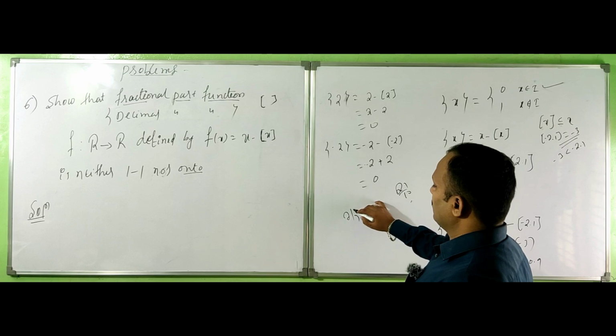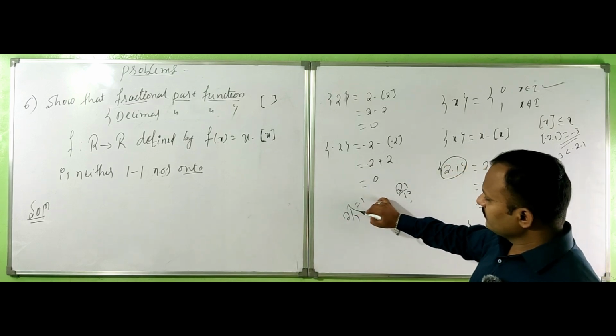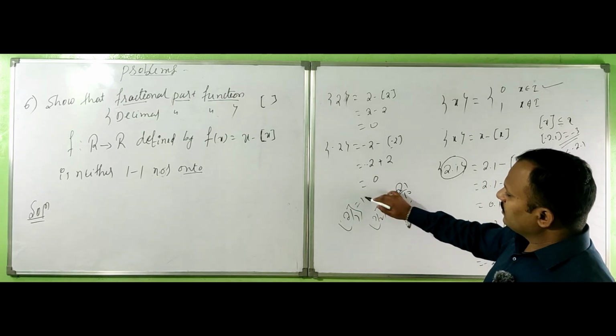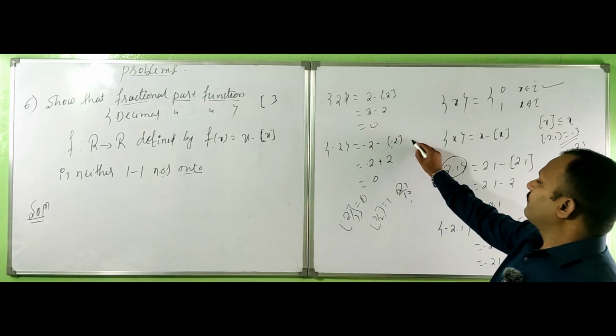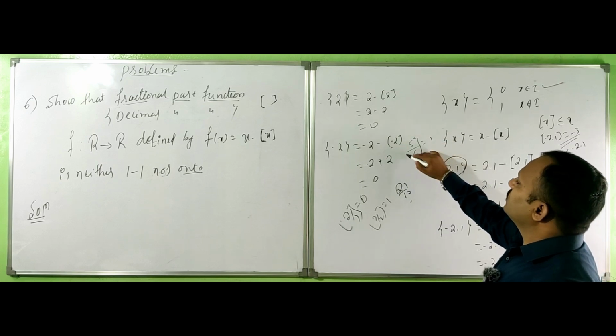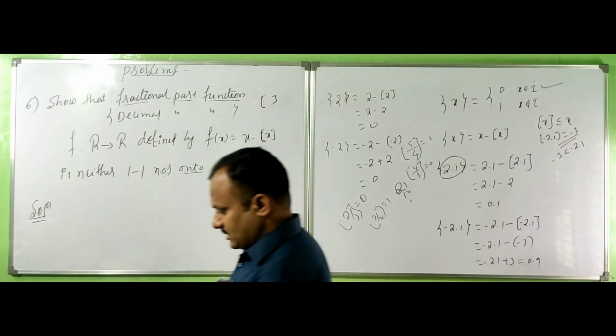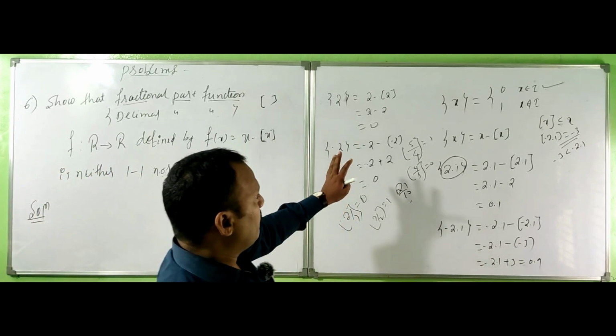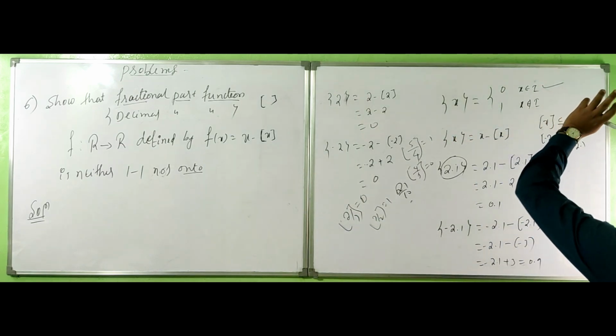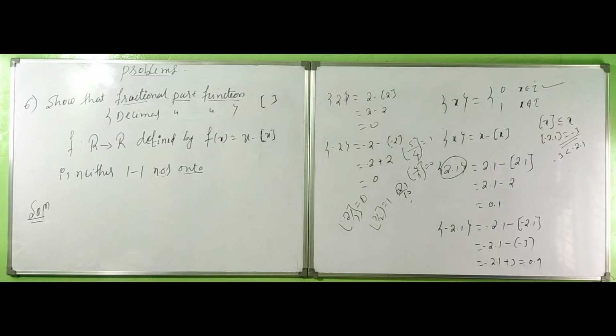Similarly 2 by 3, 3 by 2, 5 by 4, 4 by 5, and so on. The fraction part function, the decimal part function, is 0 if x is an integer, and nonzero otherwise, and the range is from 0 to 1, with 0 included and 1 excluded, never equal to 1.